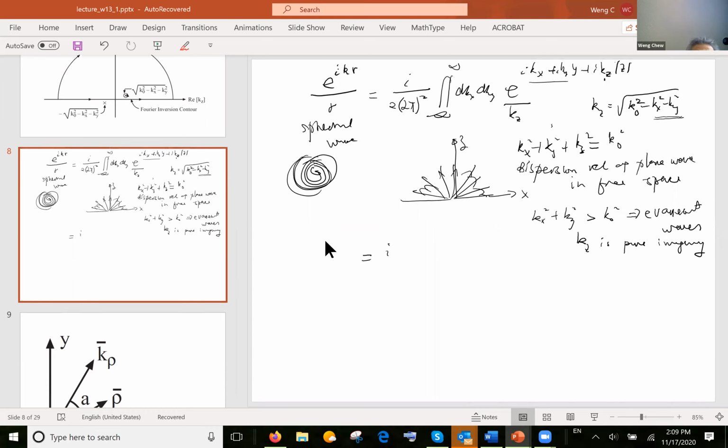And then you can write this as an integration summation. In cylindrical coordinates now, k rho is the variable in the rho direction, and then you have a Bessel function, and then you will have e to the i kz z.